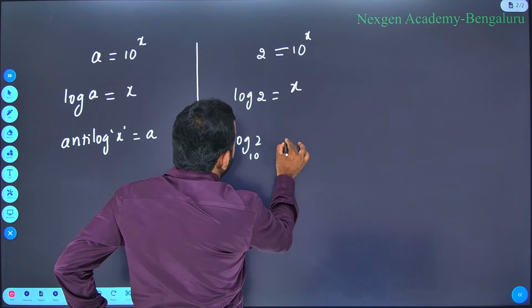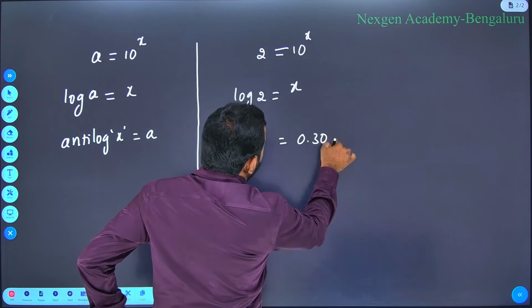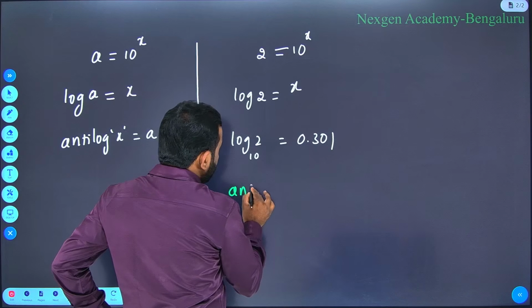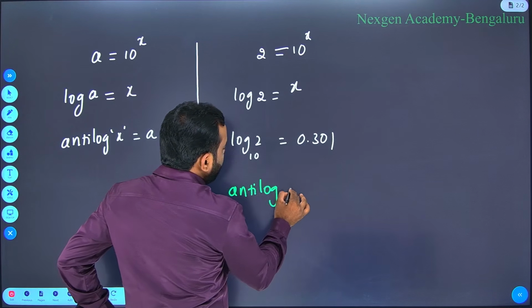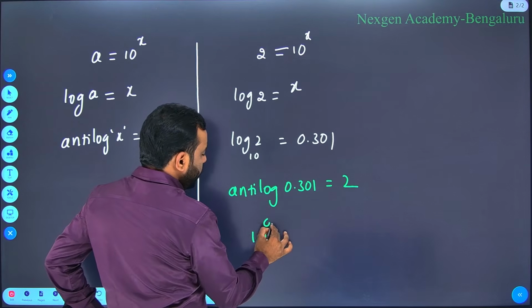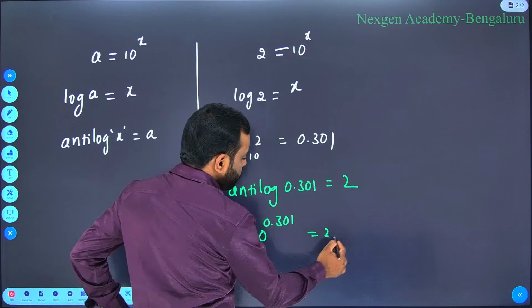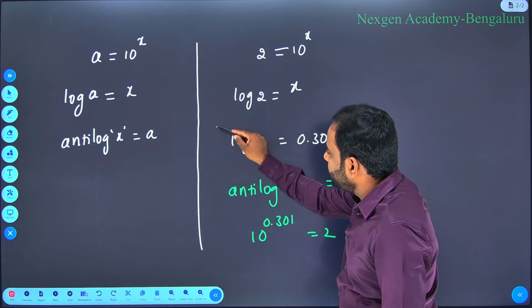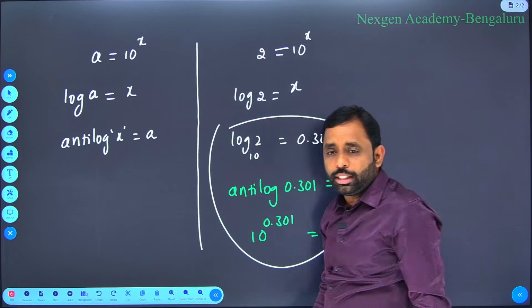Log 2 base 10 is equal to 0.301 we say, or antilog 0.301 is equal to 2, or 10 to the power of 0.301 is equal to 2. Antilog is nothing but 10 to the power of something. Clear, right? So the same logic which we have seen in the previous slide.